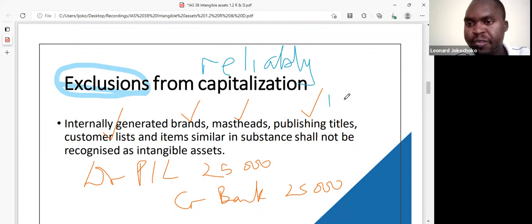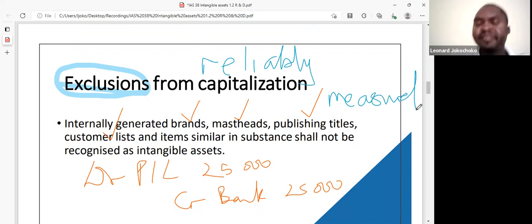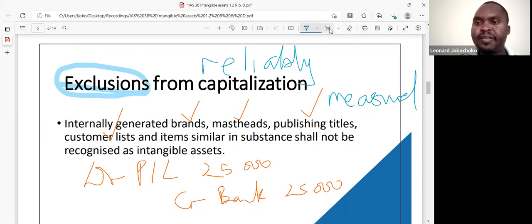So if I asked you, what is the value of the brand you created? I might say $1,000. I might say $95,000. But how do you really know if this value is true or not? It's not easy to have the correct value. Because you cannot measure it reliably, you are not allowed to capitalize that type of expenditure.